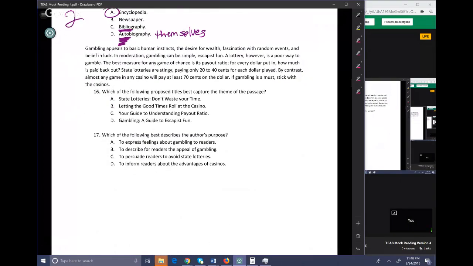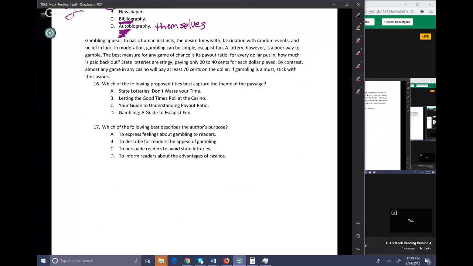The next passage is the gambling passage. Which of the following proposed titles best captures the theme? They're kind of misusing theme here. This is the real question.